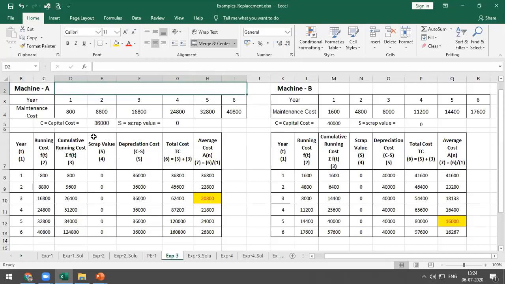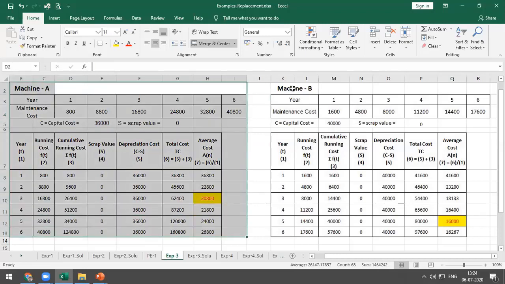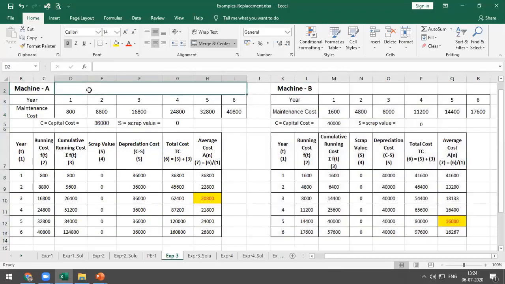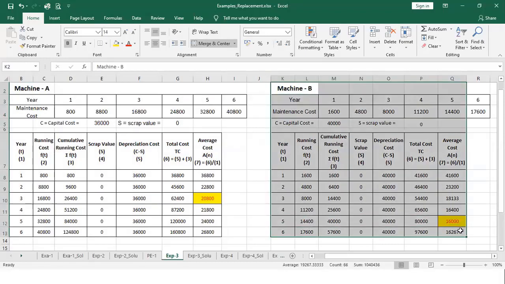Now, after 1 year of usage, a manufacturer comes to the machine shop and displays the statistical data of machine B. And for that, I have the calculation for machine A as well as for machine B. So if my industry has machine A existing and I've used it for a year, then the next year, the vendor for machine B comes to the company and asks to change machine A. So should I change? Yes or no? And if I want to change, at what time is it better to change?